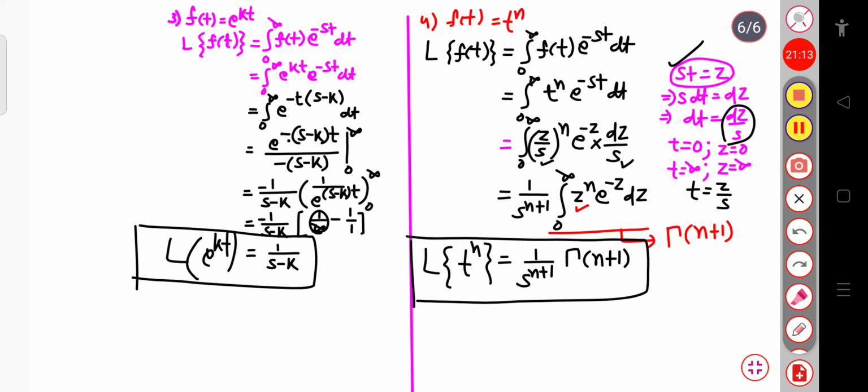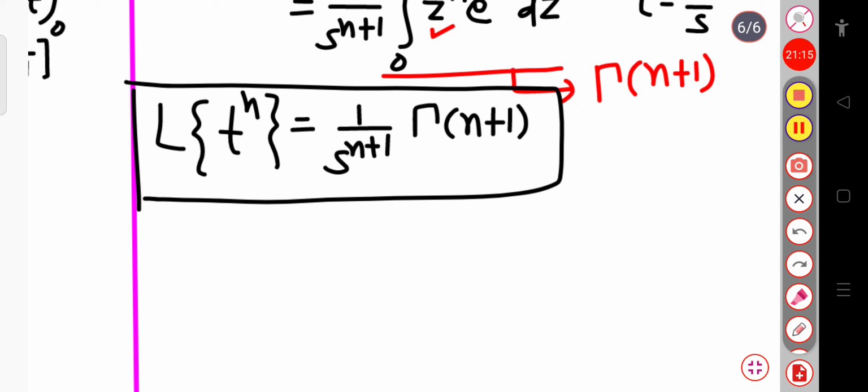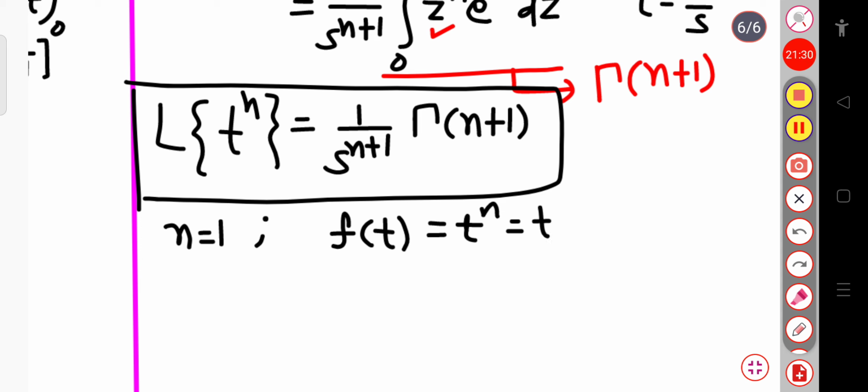Suppose it is given that n equal to 1. When n equal to 1, the function t power n becomes t power 1, that is equal to t.